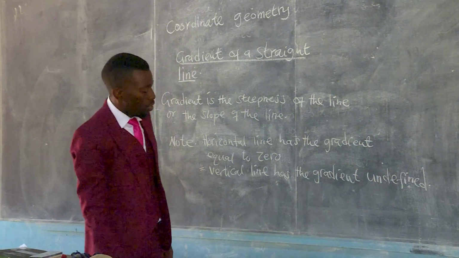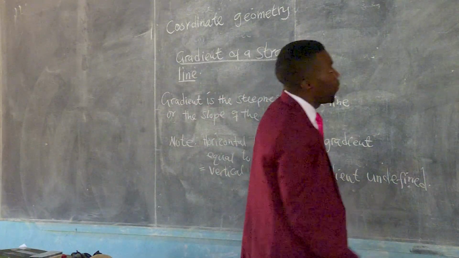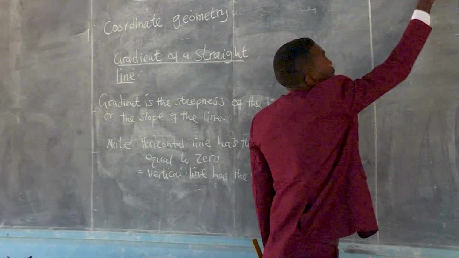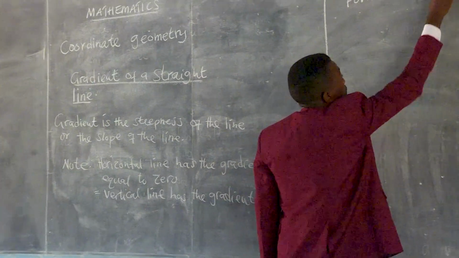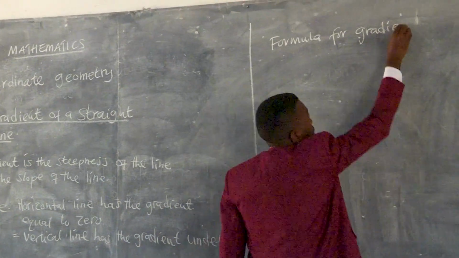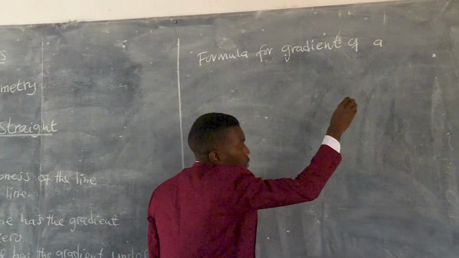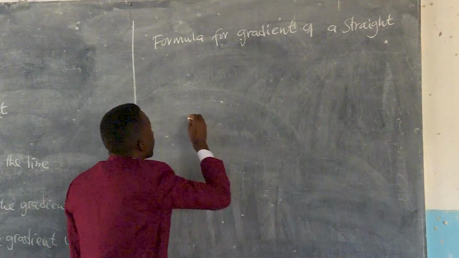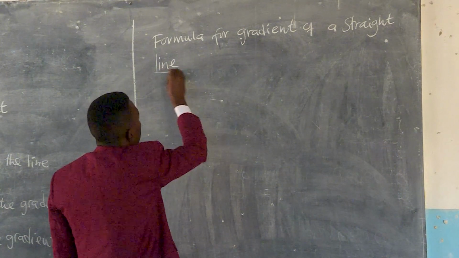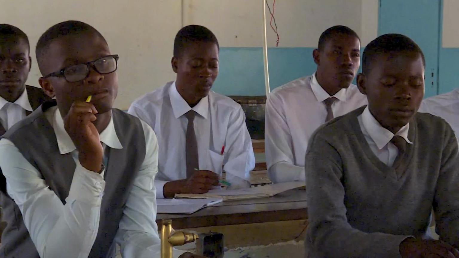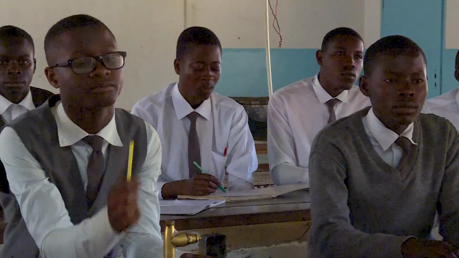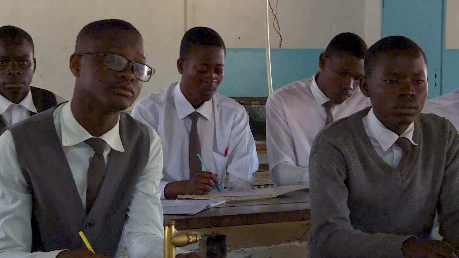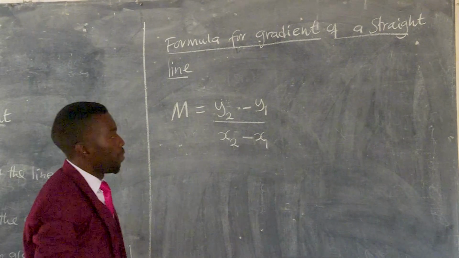So the formula for gradient of a straight line: gradient is equal to y2 minus y1 over x2 minus x1.